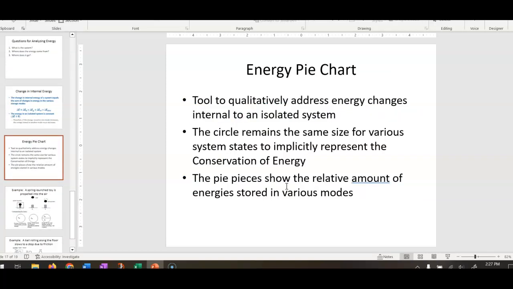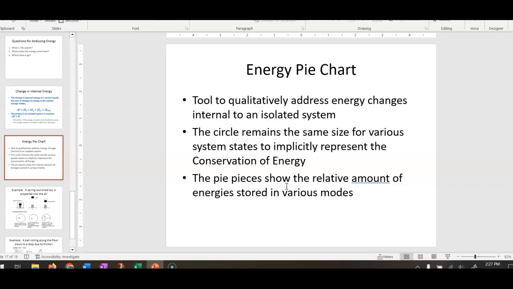And so we're going to start using a tool called an energy pie chart to analyze how energy moves around within isolated systems. So the pie is a circle that represents the total amount of energy, and it stays the same because energy is conserved, right?